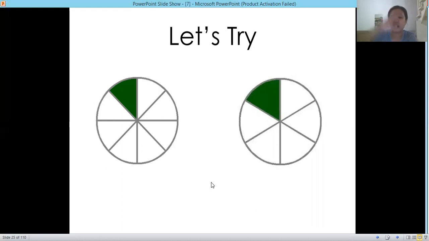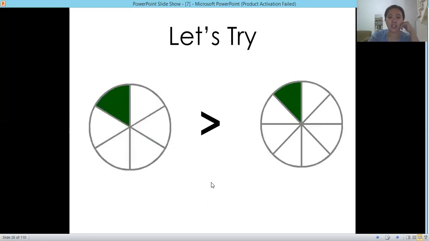Next, let's try. You're going to use your hand. Greater than, less than, and equal to. Ready? And think for your answer. Then show your hand. Show greater than, less than, or equal. Ready? And let's go. Okay, very good. This one, 1/6 is greater than 1/8.